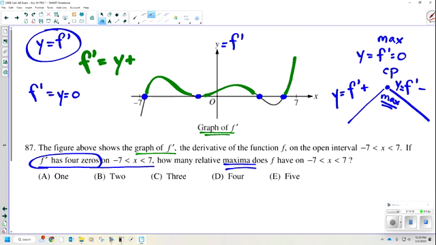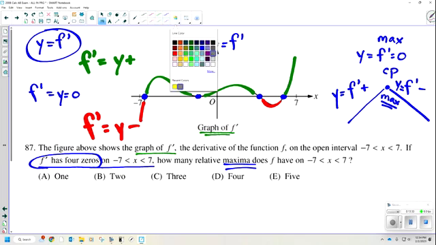Anytime I'm below the x-axis in quadrant 3 or 4, my y-coordinate is negative. That means my first derivative is negative. So any part of the graph that is below the x-axis, I would have a negative y or negative first derivative.